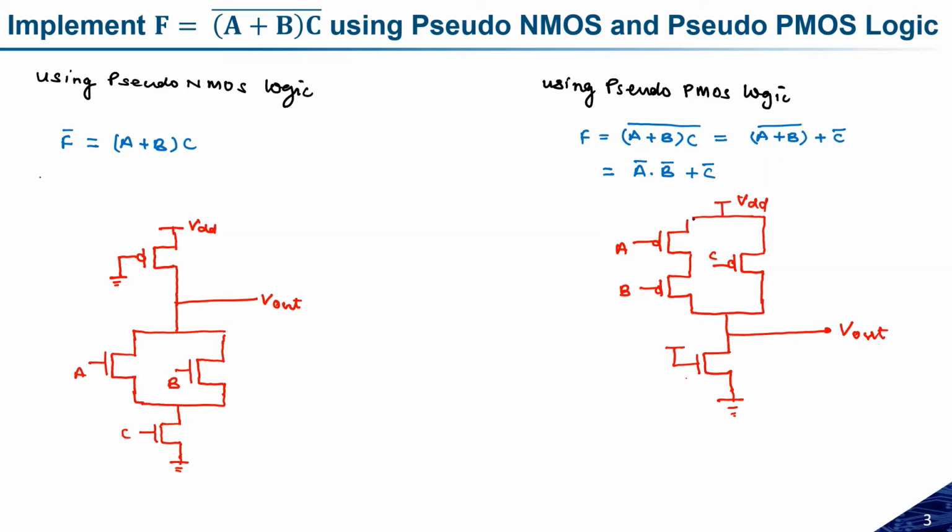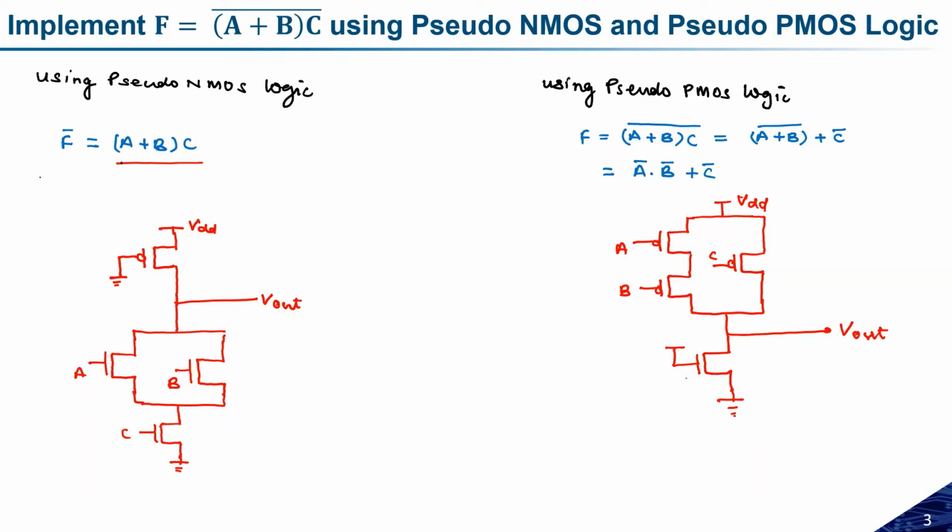Okay, so we can design any function with the help of pseudo NMOS logic or pseudo PMOS logic, and the structure will look like this. Okay, I have one concern over here. This is the simple way we can design with the help of pseudo NMOS logic. But can anyone comment: I have this function (a plus b) into c, and this is how the pull down structure will look.